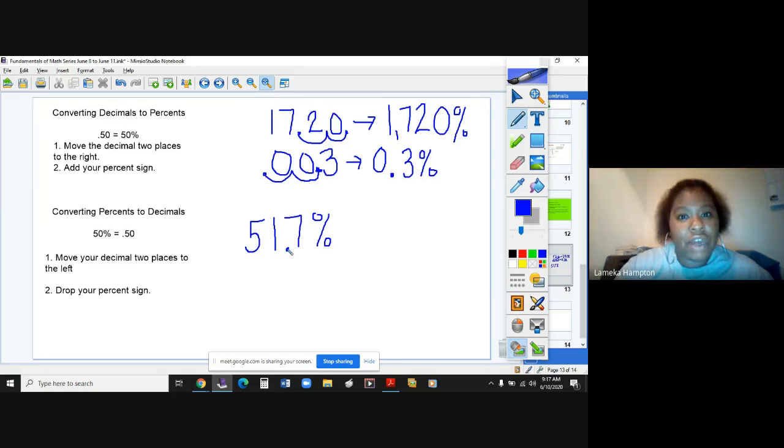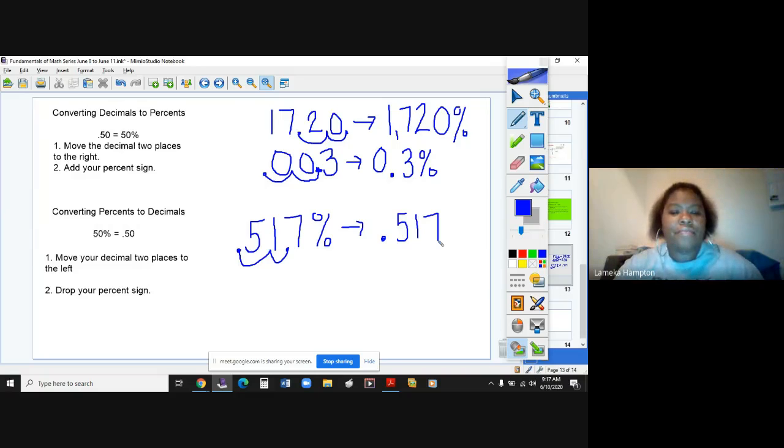I still will have to follow my steps and go 2 places over to the left. So when I move my decimal, 1, 2, and I drop my percent sign, I'm going to have 517 thousandths or 0.517.